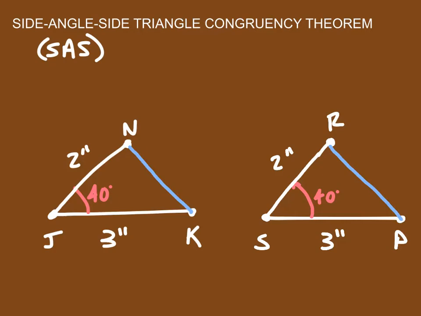So let's say that triangle KJN is congruent to triangle PSR. So those triangles are congruent, and all I was given and all I told you to do, and what you can do, is you can actually measure this out.